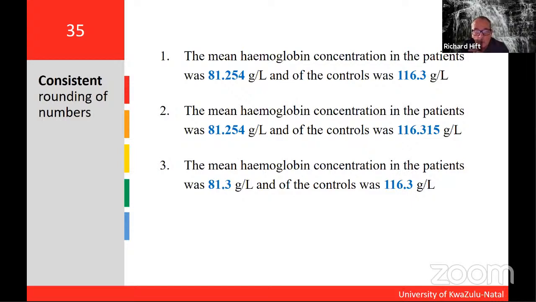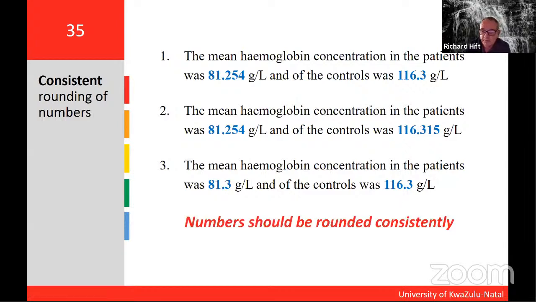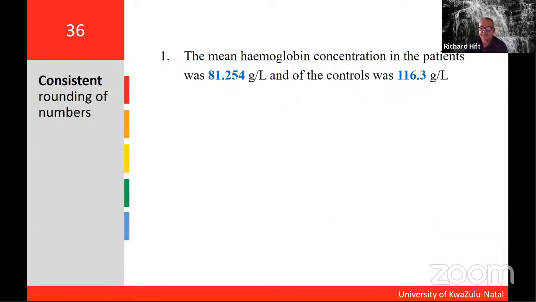And we almost always use 1 decimal place. 74 grams per liter, 77.4 grams per 100 ml. You can even argue about the 1 decimal place, but we won't go into that now. But the point is there should be the same convention for both of them. Numbers should be rounded consistently.